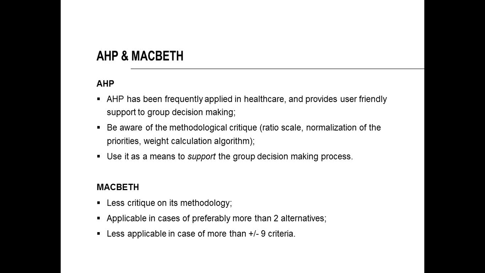Maybe you say, well, it should be 30 times higher. Using this ratio scale has been tested, and it often resembles the actual preferences, but there is some criticism, and I really understand this criticism on this ratio scale.